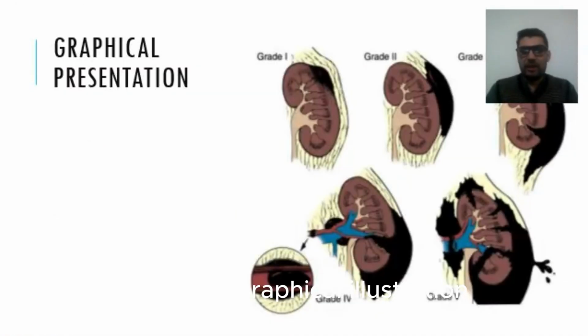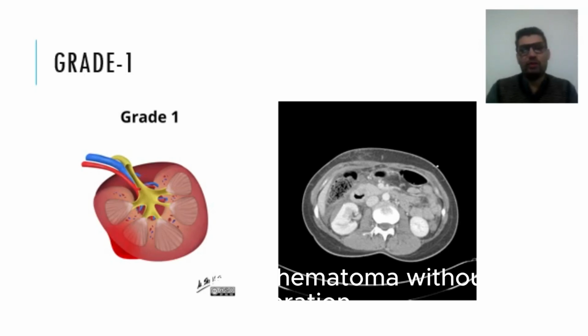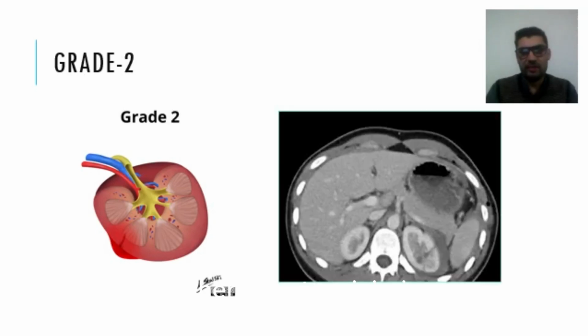This graphical illustration shows the progressive increase in severity from grade 1 through grade 5 renal injuries. This is grade 1, which is contusion or subcapsular hematoma without laceration. Here are grade 2 injuries, and you can also see on the right side the CT and also in the pictures, which is superficial cortical laceration less than 1 centimeter without urinary extravasation.